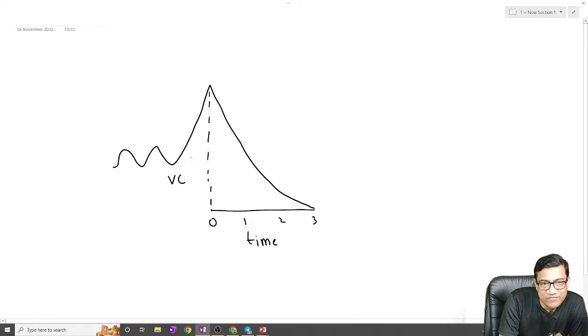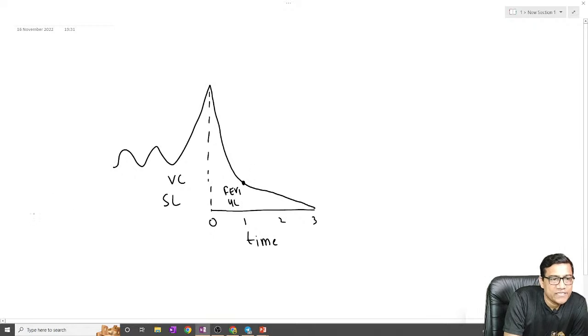Let's say this is 5 liter. In the first second, how much air comes out? This is called FEV1. Let's say 4 liter.